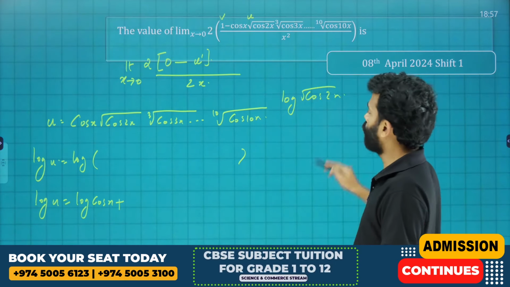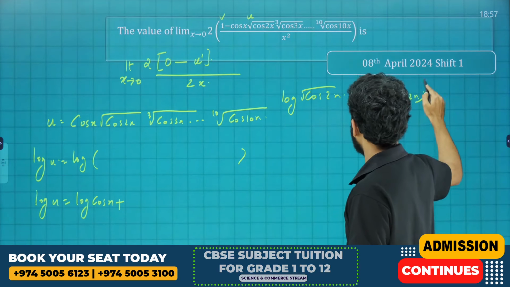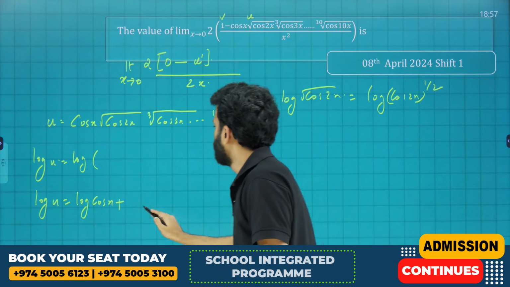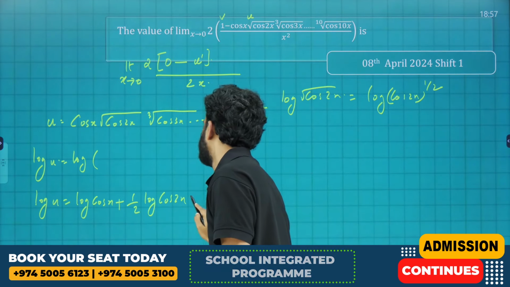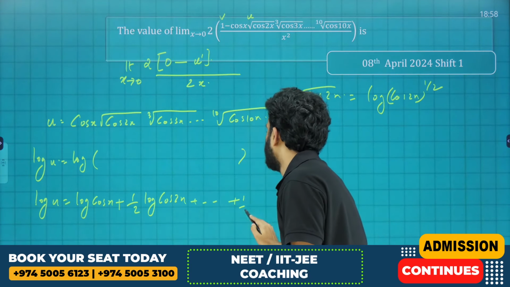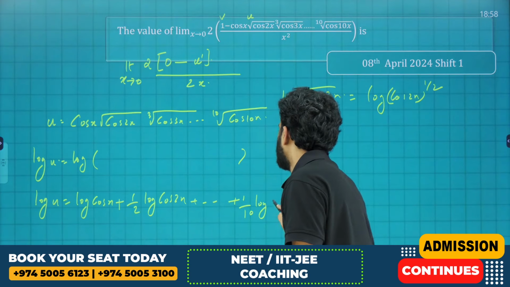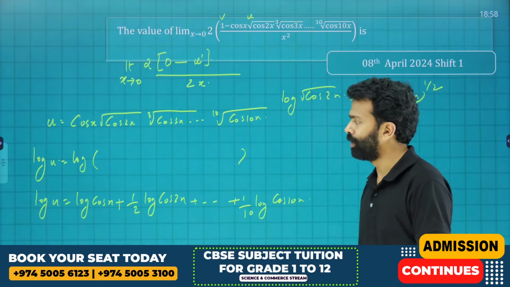So log square root of cos 2x can be written as log of cos 2x the whole raised to 1 by 2, that is plus 1 by 2 log cos 2x, etc., up to 1 by 10 log cos 10x. Okay, I hope you got the idea here.